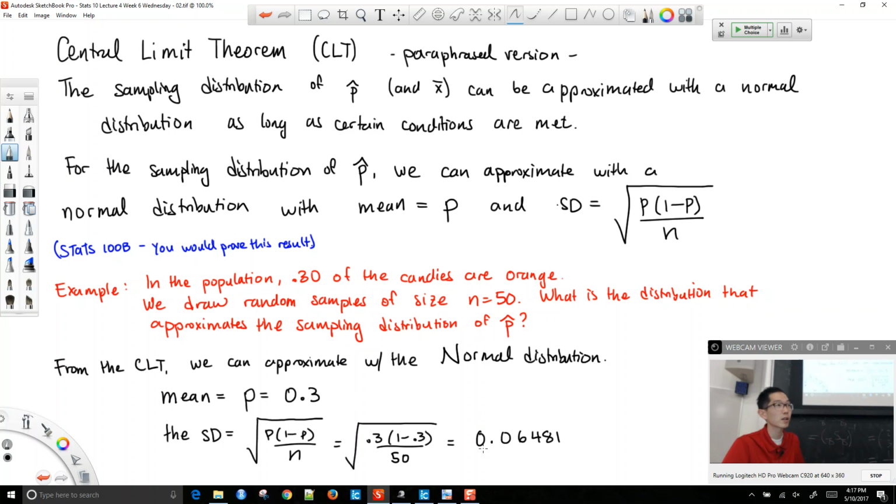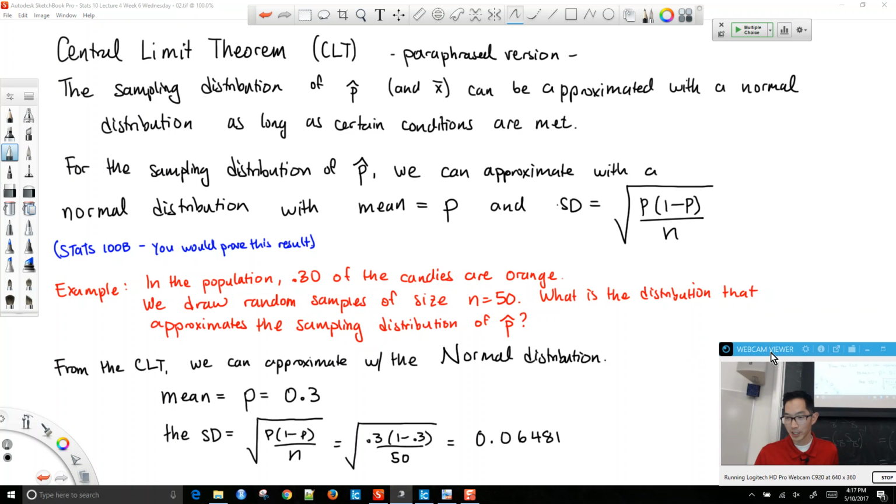Yes, question? Is this the same as a standard error? Yes, this standard deviation of the sampling distribution, that is the standard error. I can put that. So this term, the standard deviation, this is also known as the standard error.